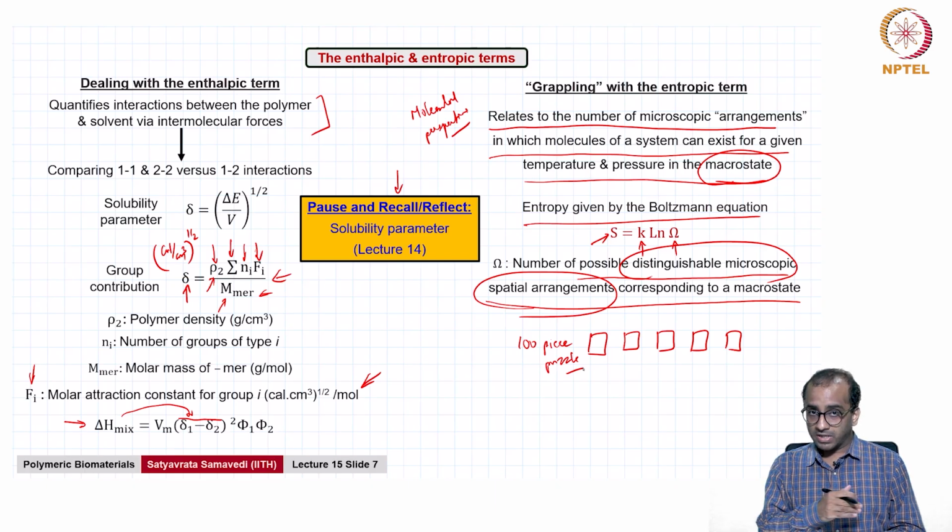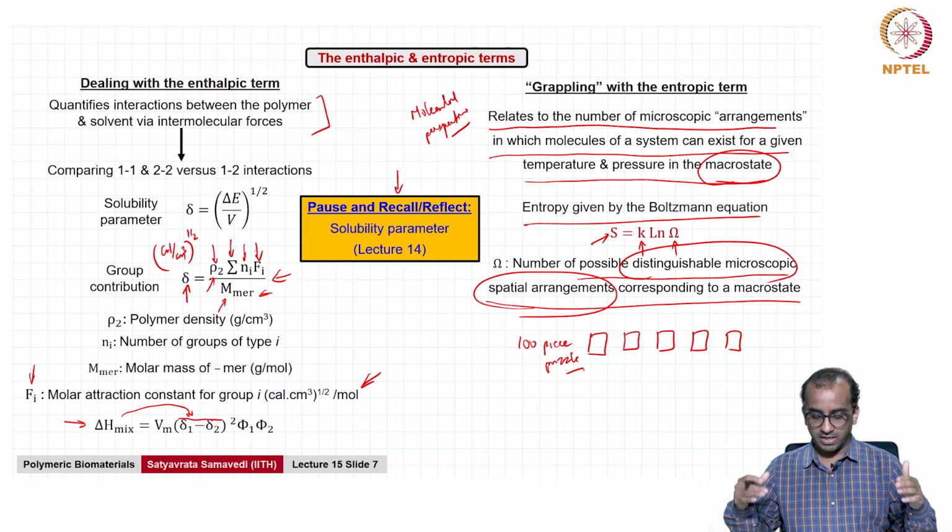Now, if you take that to the other extreme and ask what are the arrangements of this puzzle such that I can completely jumble it up, I can arrange all the pieces of the puzzle, this 10 by 10 matrix if you will, and that should not result in the Mona Lisa's face at all. There could be a lot more ways for me to completely jumble up the puzzle.